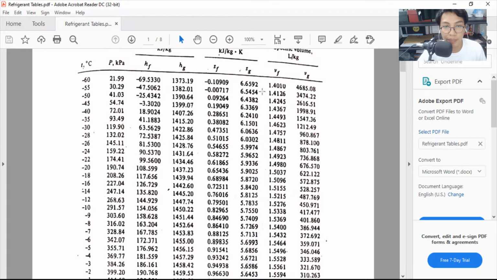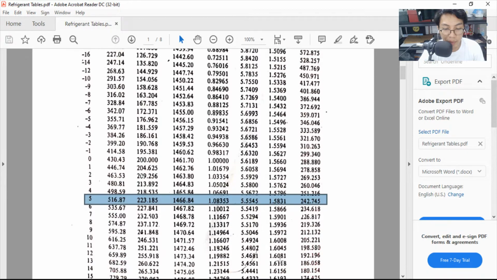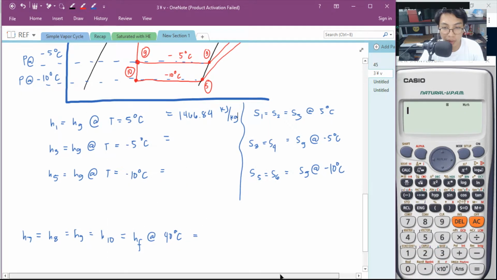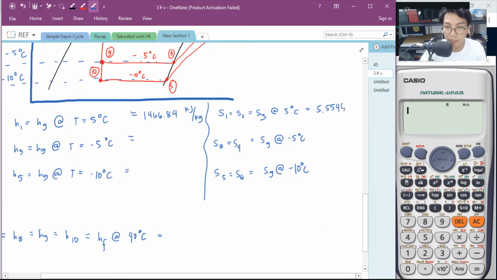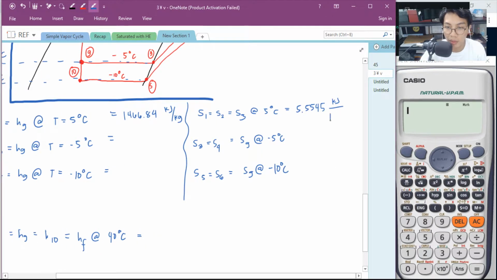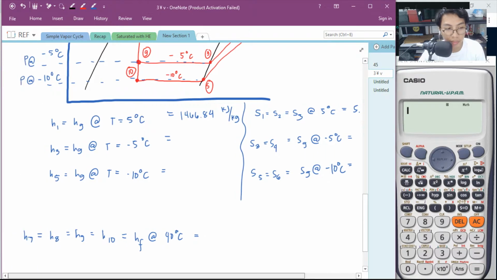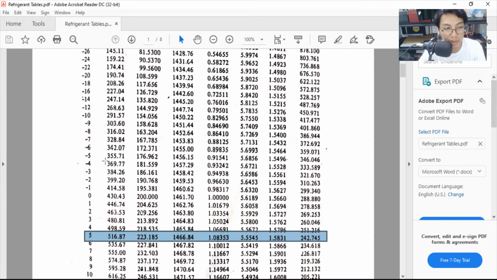Sg is 5.5545 kilojoules per kilogram degree Kelvin. Okay na yun. Hanapin natin si H3. Hg naman at negative 5 degrees Celsius. O, highlight natin.